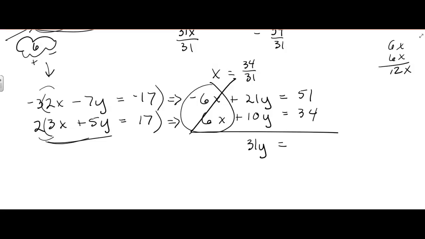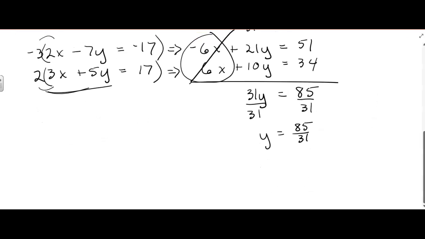It doesn't always happen, but 51 and 34 is 85. And then I'm going to divide both sides by 31. And y equals 85 over 31. Now, the fact that the denominators are the same, like I said, that's kind of a comfort. It comes from other math that we're not going to do this semester, but it's really cool math.